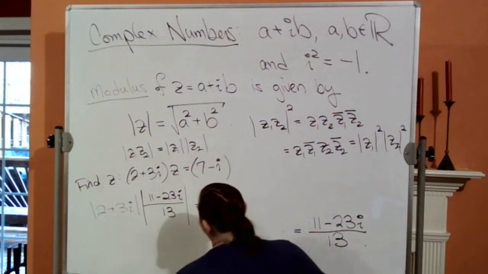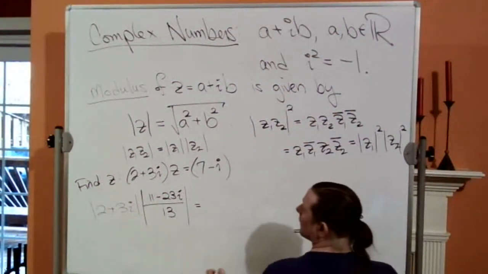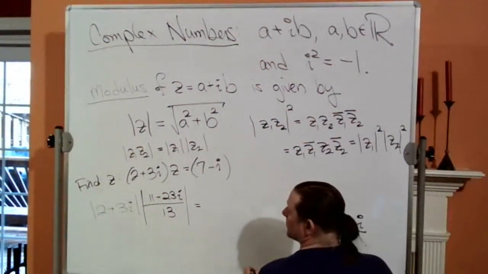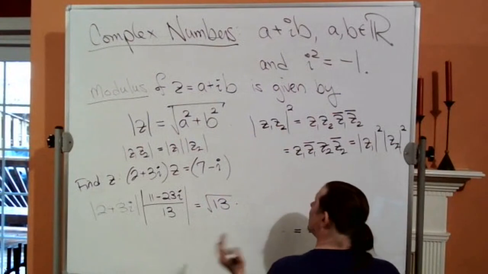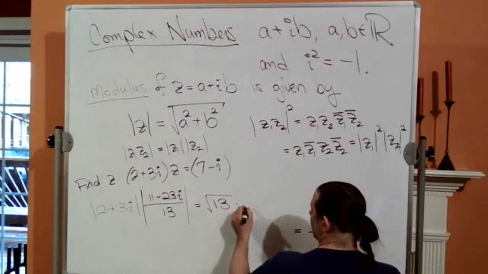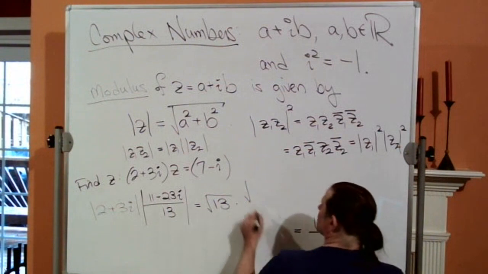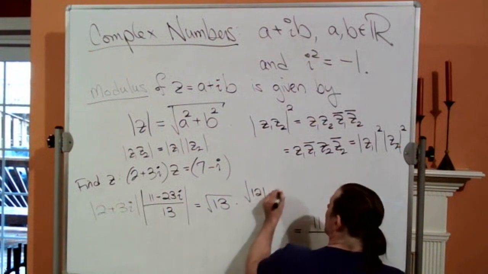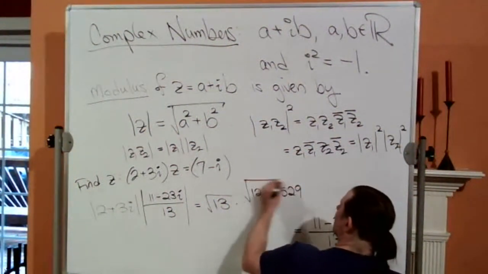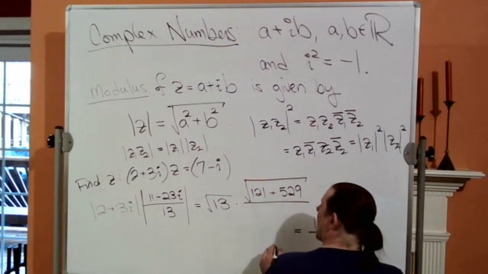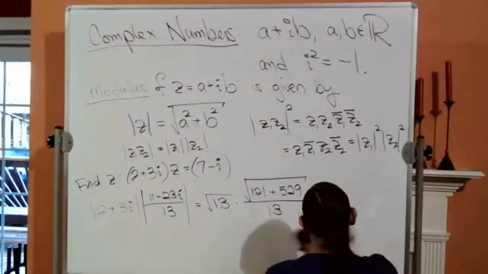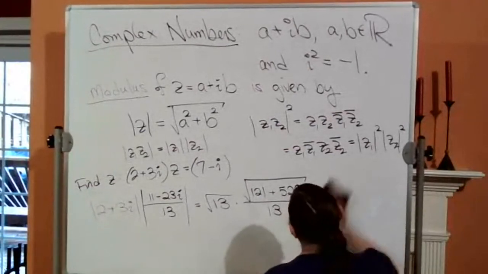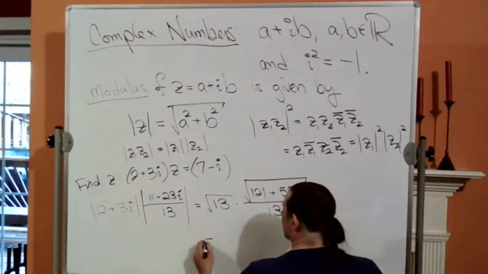All right, so I'm going to get the modulus of 2 plus 3i is the square root of 13. It's not 13. It's the square root of 13. The modulus here is going to be the square root of 121 plus 529, all divided by 13. All right? So let's see what we get when we add all these up.